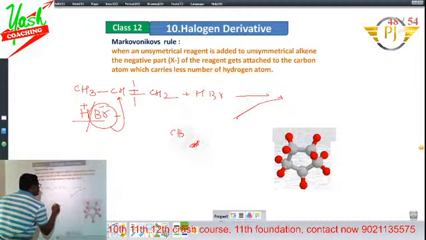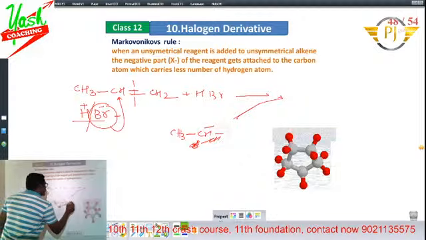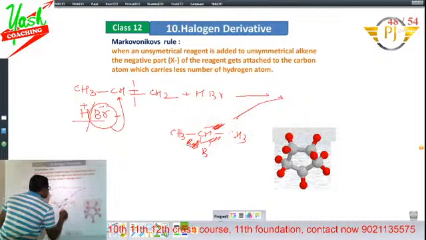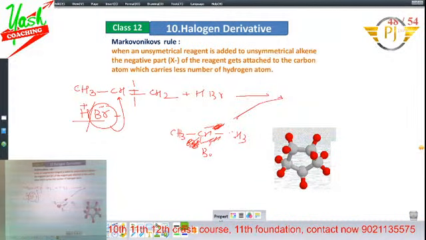as the major product. So the major product obtained is 2-bromopropane, CH3CHBrCH3. In this way we prepare alkyl halides.